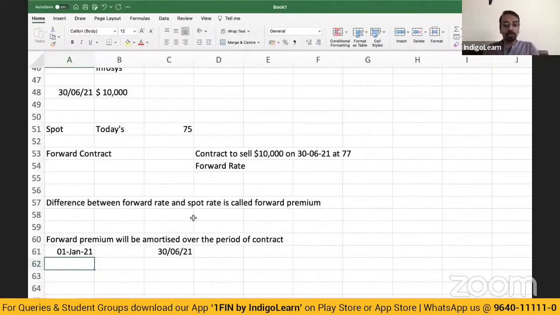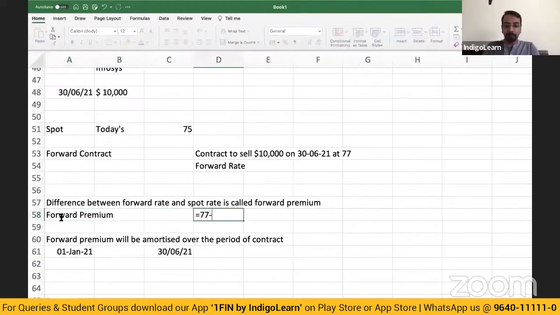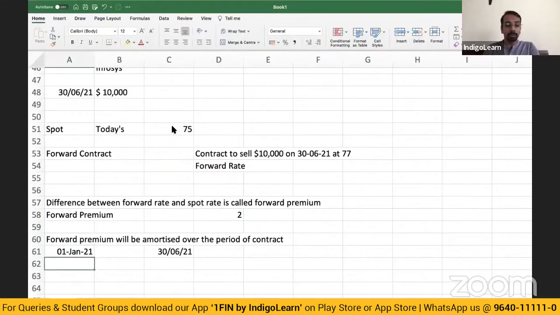So this forward premium, which is 77 minus 75, which is 2, half of it, which is 1, will go to the period ending 31st of March of 21, and the balance 1 will go in the next period. So this is called amortization of forward premium.